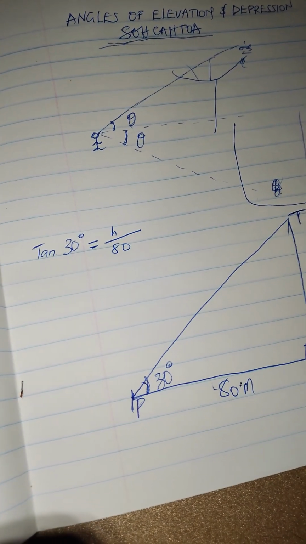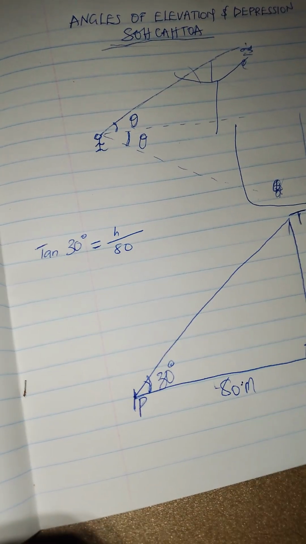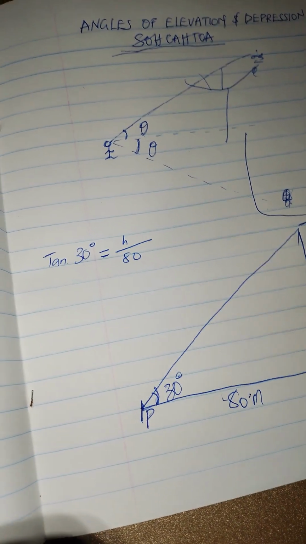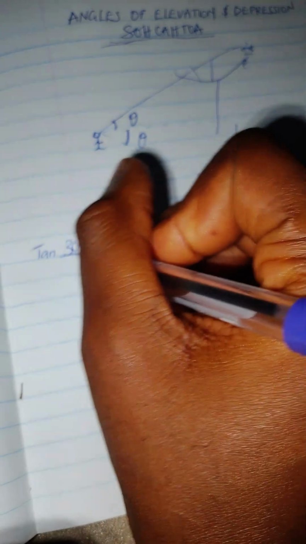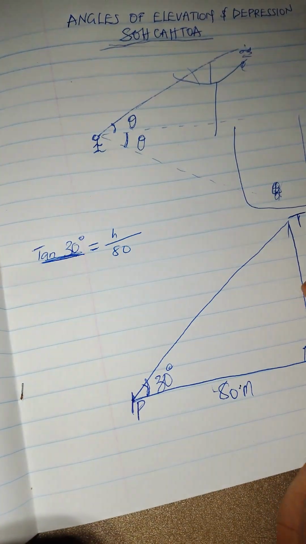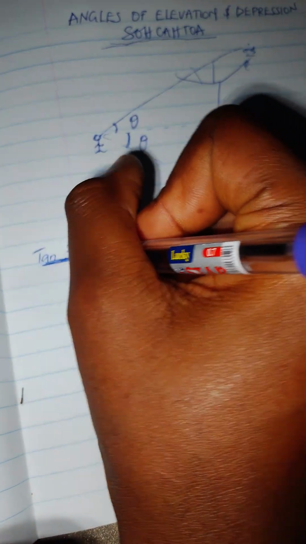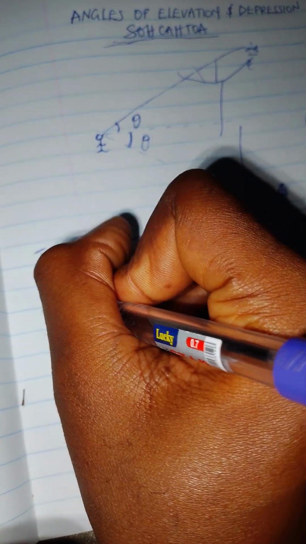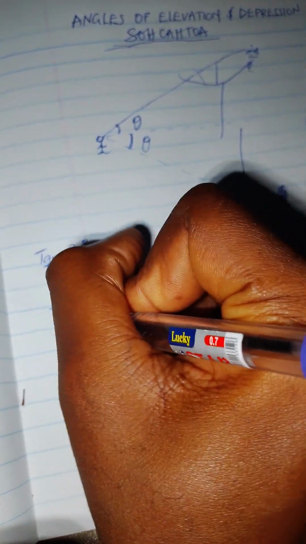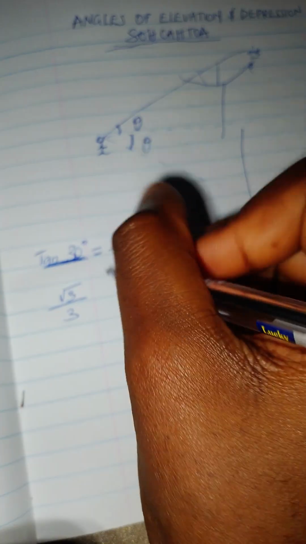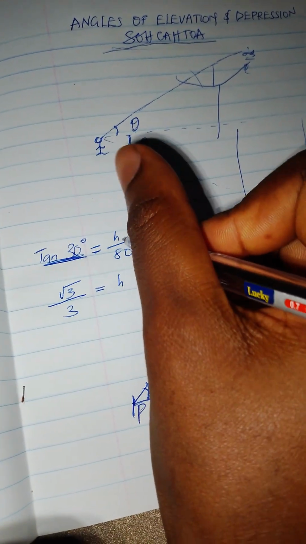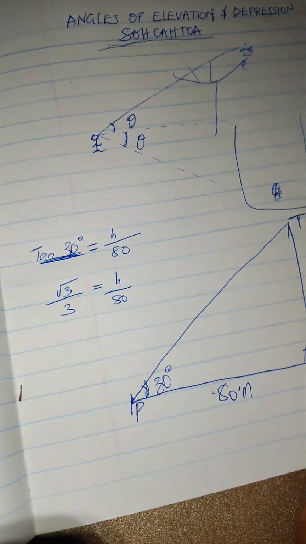Now, from the special angles that we solved in one of our previous tutorials, we already know that tan 30 degrees is a special angle, and tan 30 degrees here is root 3 over 3. So root 3 over 3 here is equal to h, which is our height, all over 80 meters.